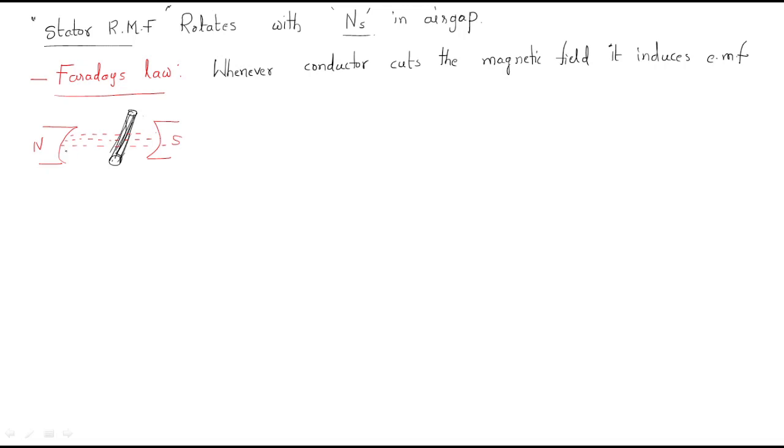But that flux must be variable, that means d phi by dt, a rate of change of flux is there. Then the EMF is induced. If it is an AC flux, then this is the one condition to produce the EMF.